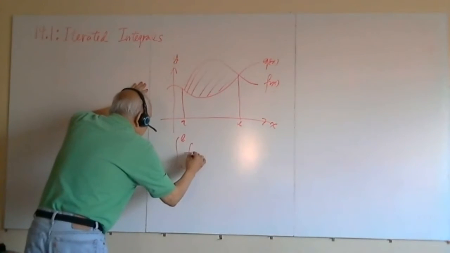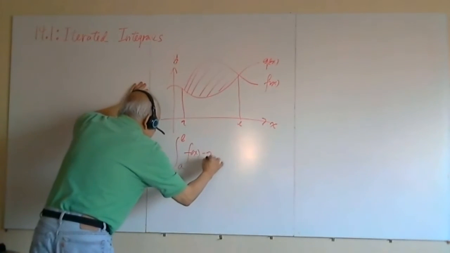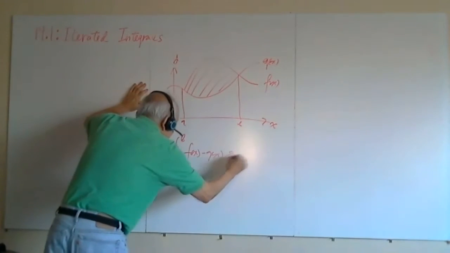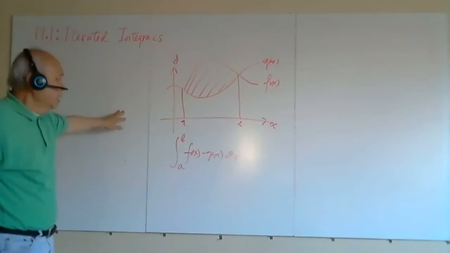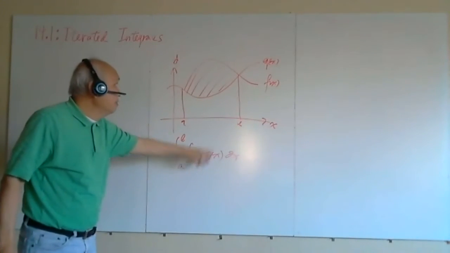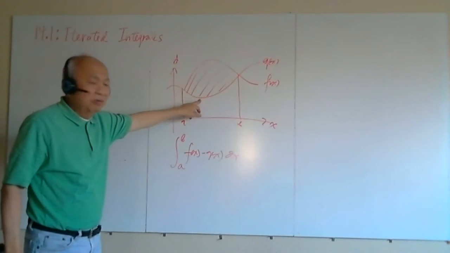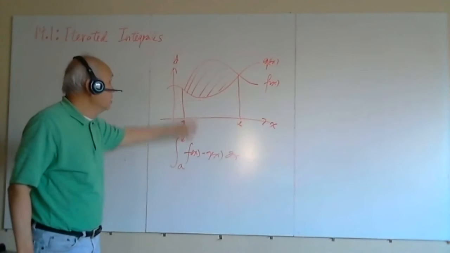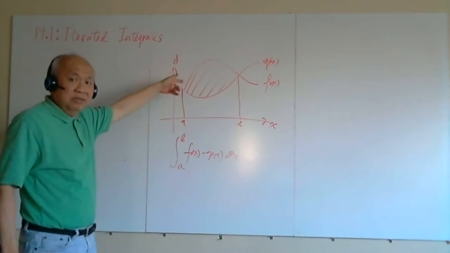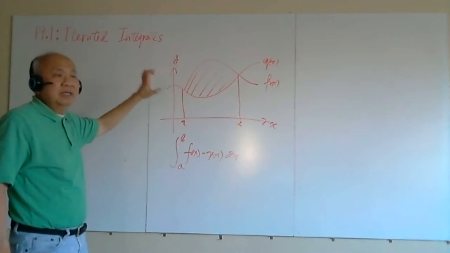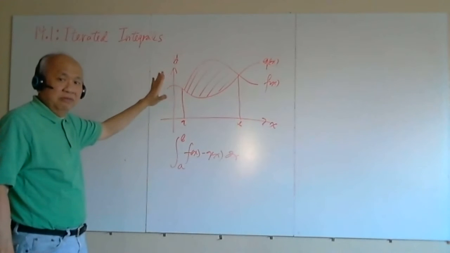So I have the integral of F(x) minus G(x) dx. Everybody okay? This one, G, comes second simply because it is the bottom one, the lower one, and F comes first because it is on top. This is what we call the area between two curves. Very, very simple.